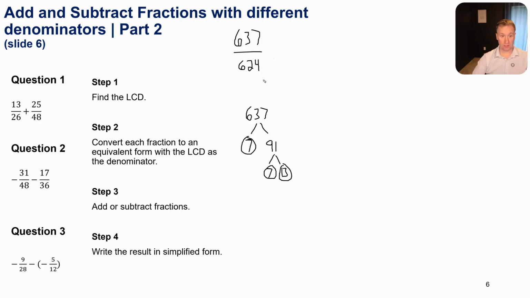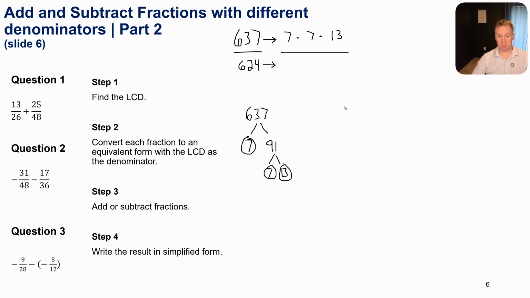So in other words, the prime factorization of 637 is going to be 7 times 7 times 13. Now obviously this will take a little bit longer to get there, but some guessing and checking and whatnot can help you figure out those prime numbers.